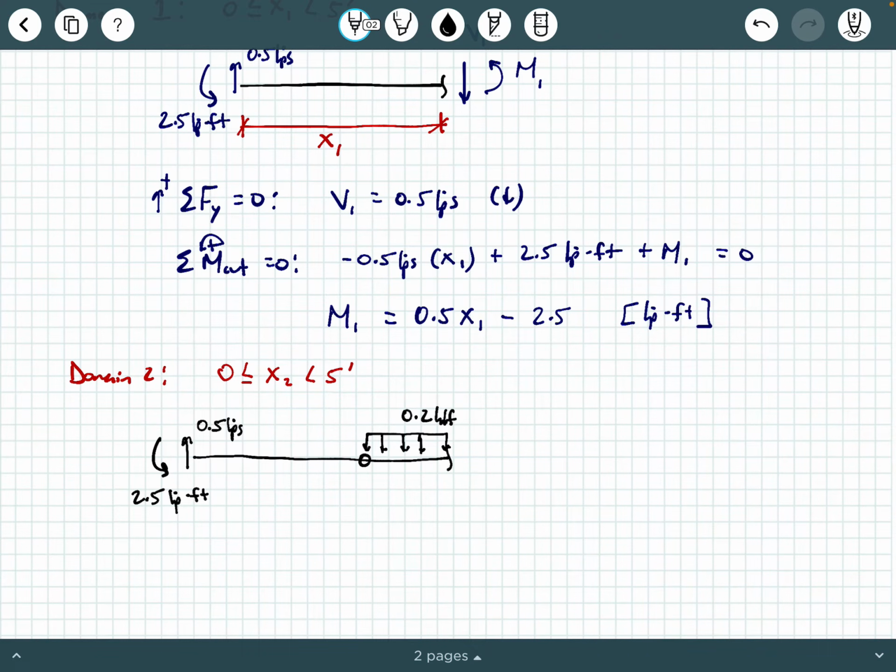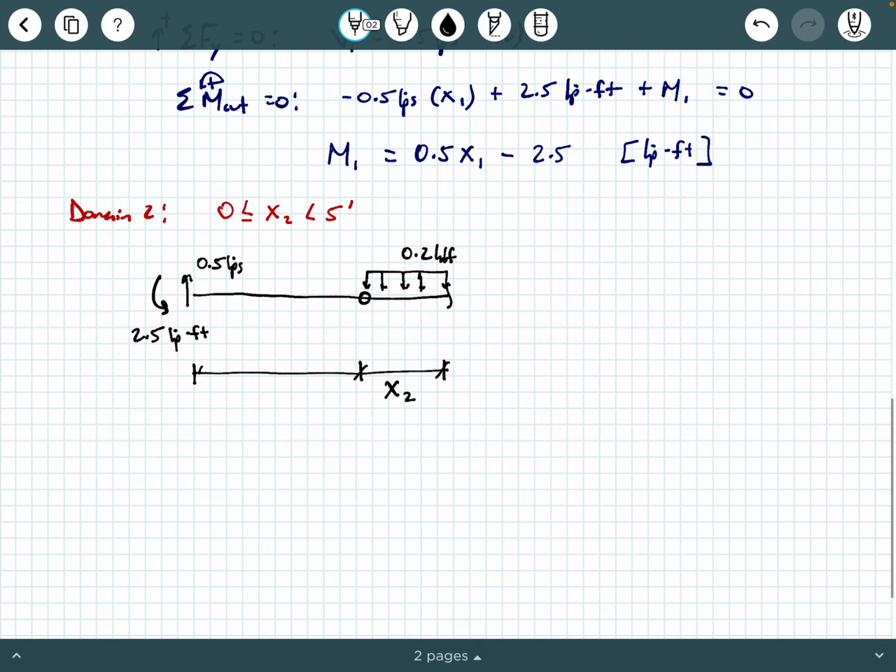But we're not going to show it throughout the whole 5 feet. We're going to show it over a small distance called x2. And the left span entire 5 feet is going to show up there.